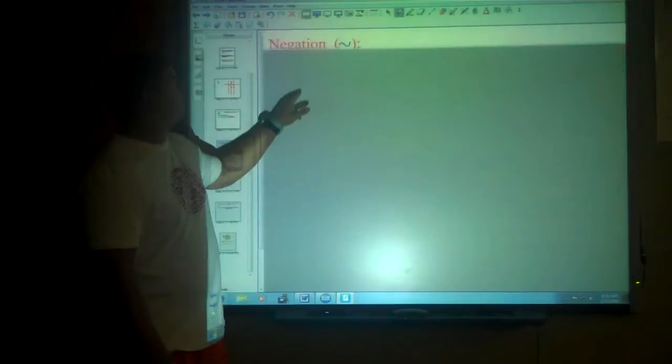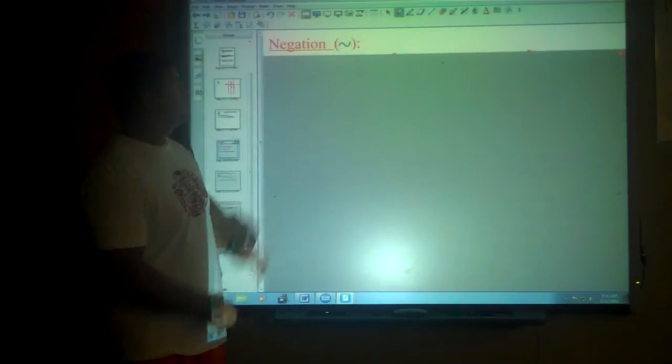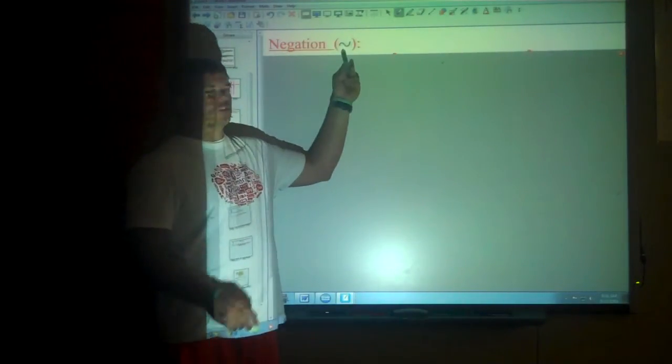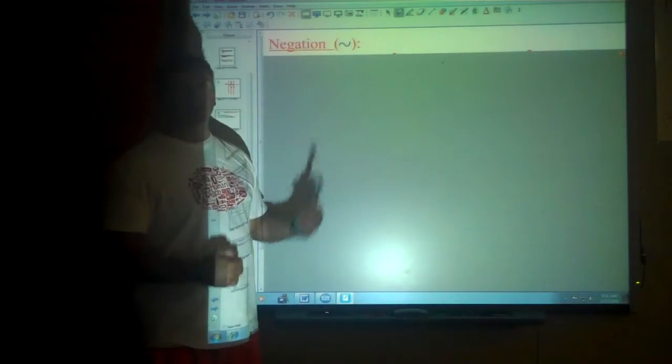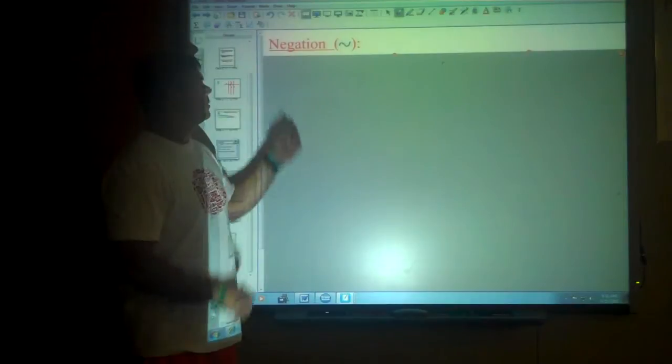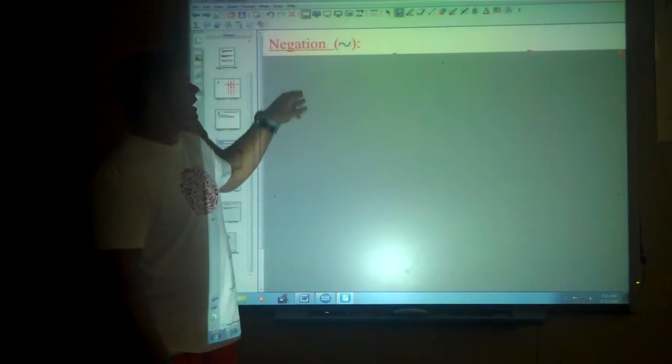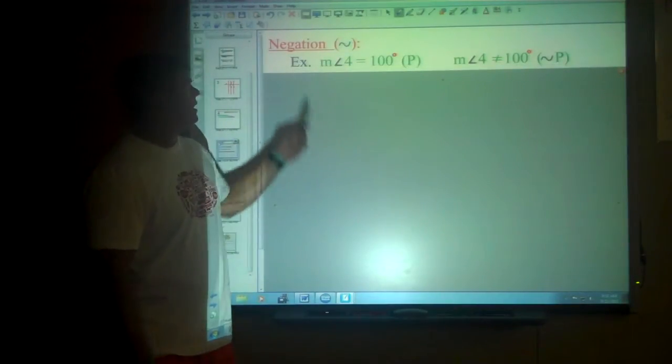More with those same type of symbols, the negation. The negation is going to be our little squiggly line. I know that it also represents similar, but in this form, when we're talking about conditional statements, it's a representation of the opposite, or the negation. So here we have an example.